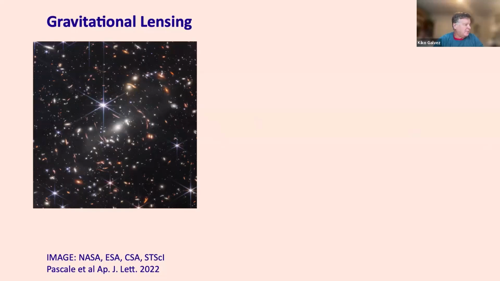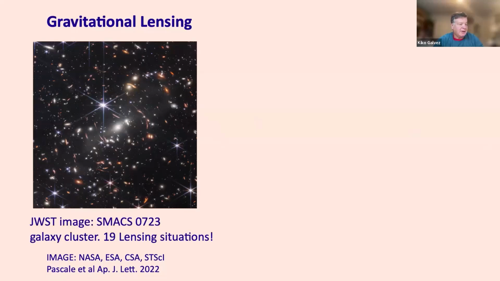This image was taken by the James Webb Space Telescope, and it involves 19 lensing situations. There's a cluster of galaxies in the middle that is seen, but the gravitational field is unseen, revealed only by these streaks that we see.